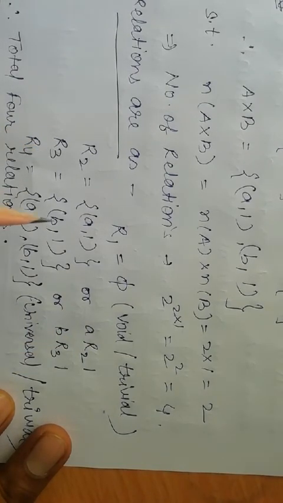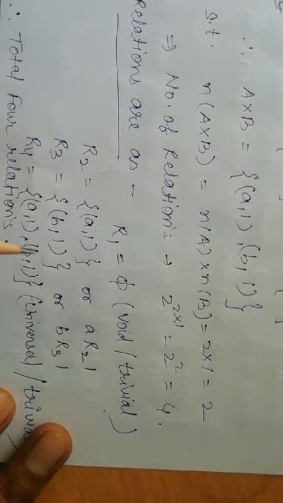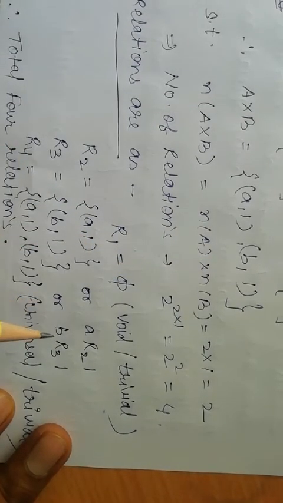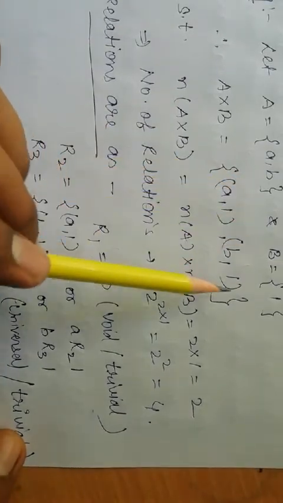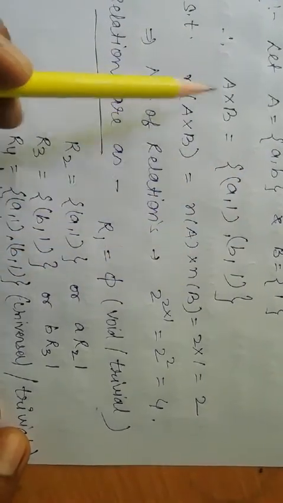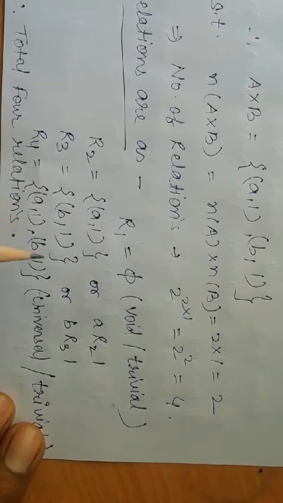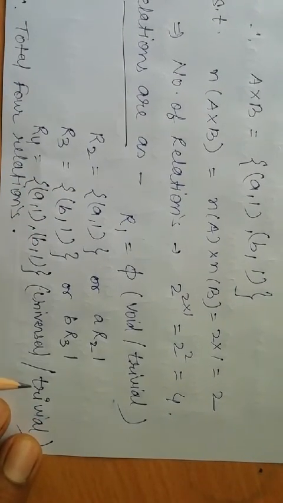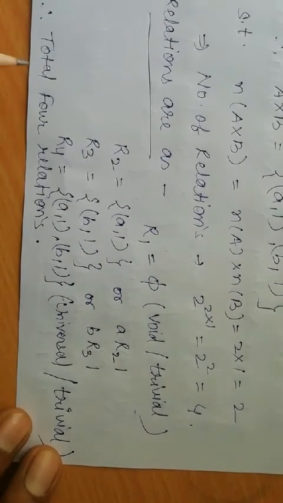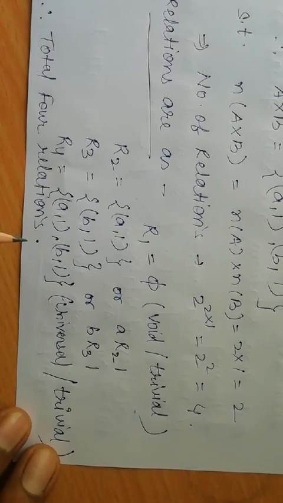R3 is another relation with a different ordered pair, this time B comma 1, expressed this way also: B is related to 1. And the fourth relation is one in which I take both ordered pairs, meaning the entire A cross B. Whenever we take the entire A cross B, the relation is called the universal relation, and it is also called a trivial relation. So the total of 4 relations are possible here.